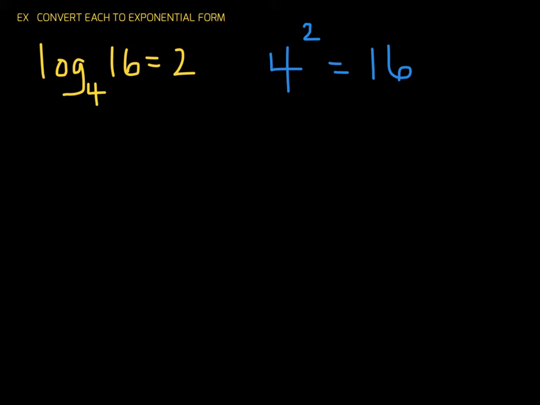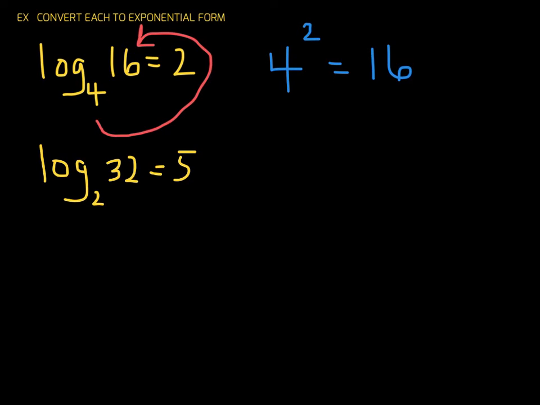Sometimes I advise my students to draw a little tail here, and maybe it's a little more clear. 4 raised to the power of 2 gives me 16. So go in that direction. All right, let's try another one. Log base 2 of 32 is 5. So my base is 2.